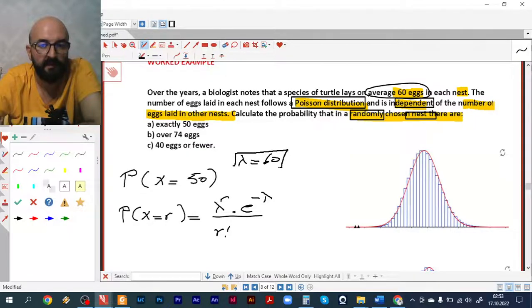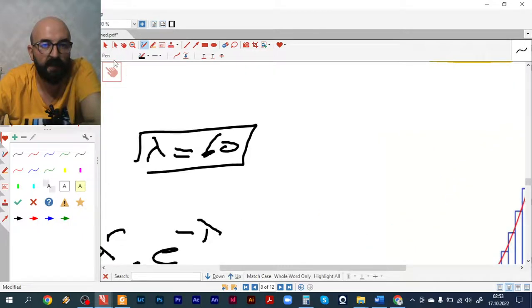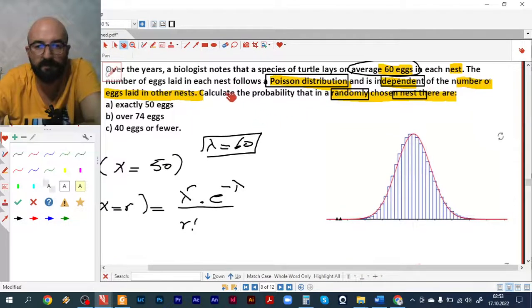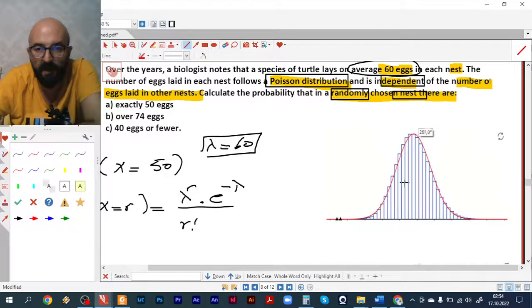Lambda being 60 means that in our graph, the middle of the graph, the point is 60. Okay, and we want exactly 50 values.